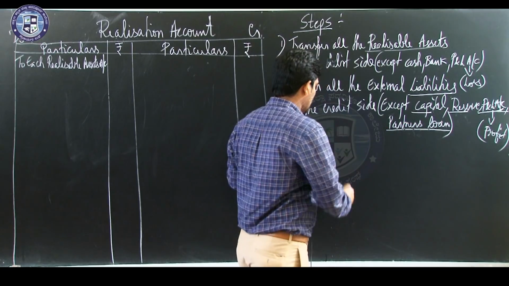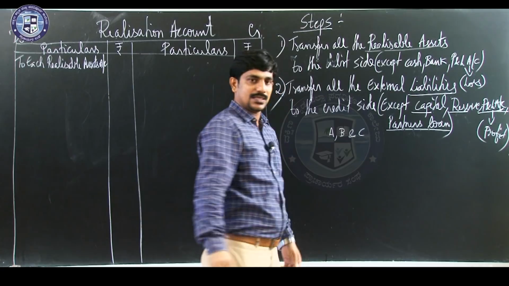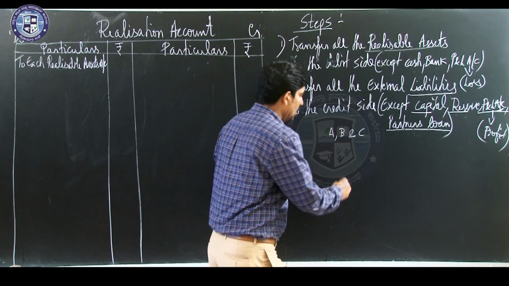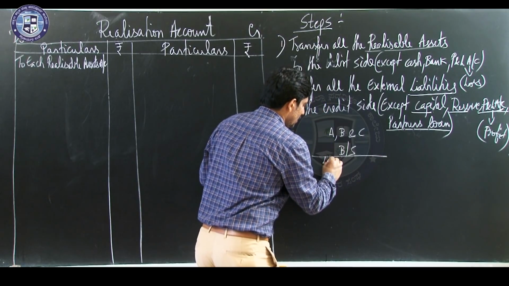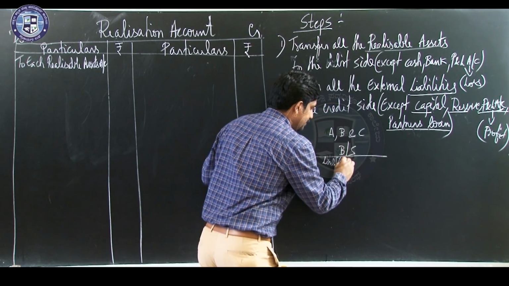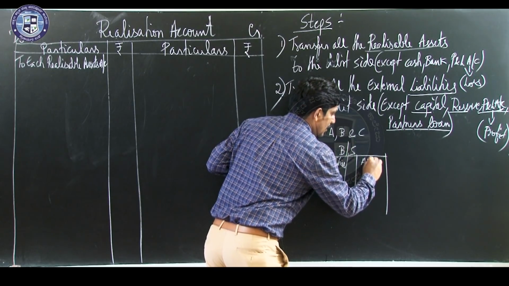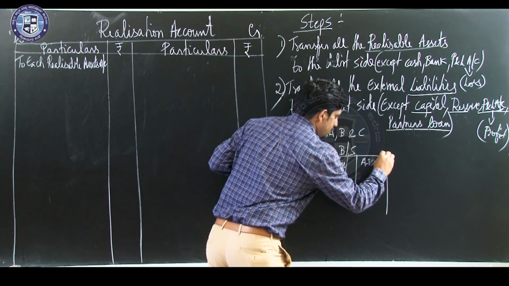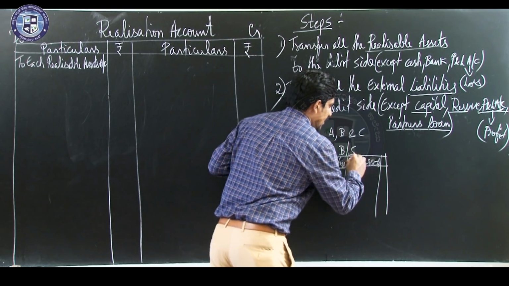For example, one I will give you. Now, there are three partners A, B and C in the problem. Now, in the balance sheet, liability side and asset side is there. I am explaining about the liability side.